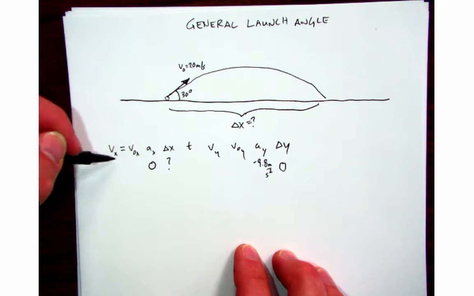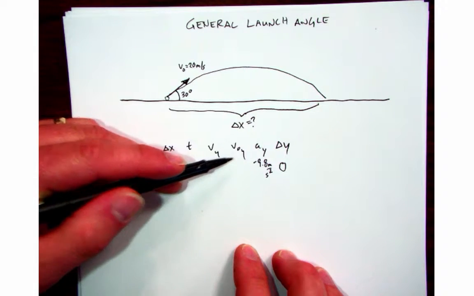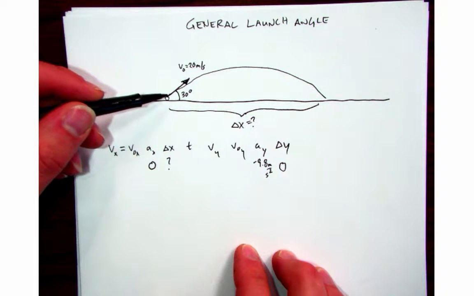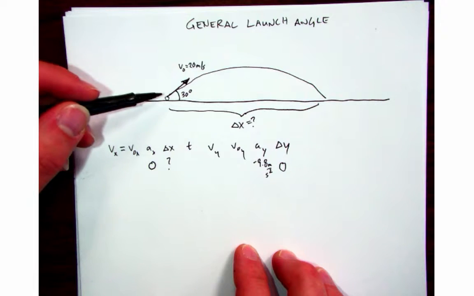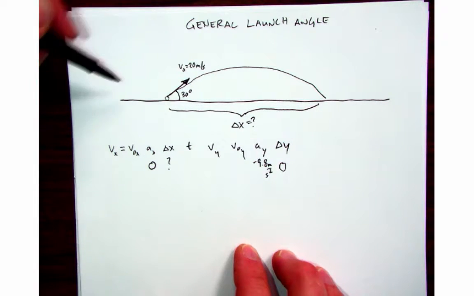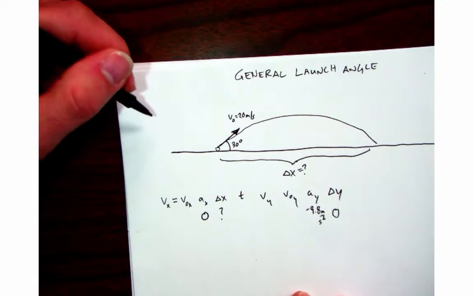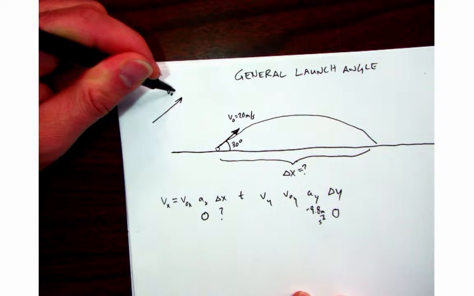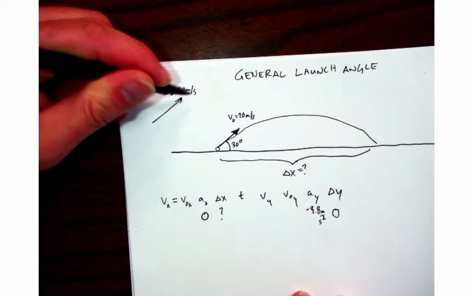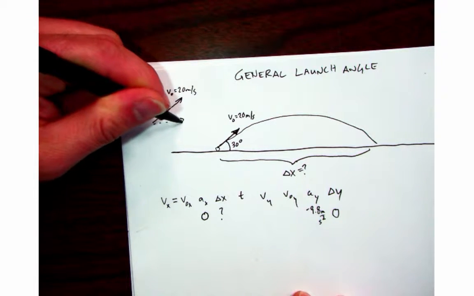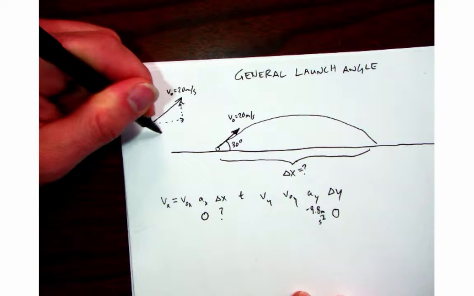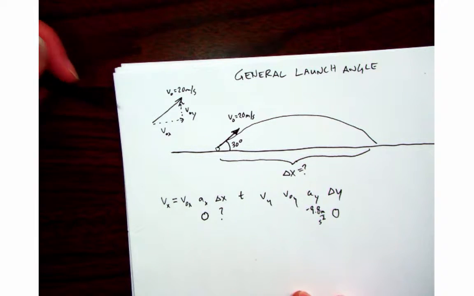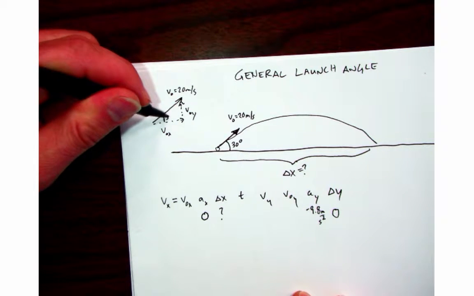Now I need to find v naught x, and I need to know what v naught y is as well. I look at my initial velocity, and that is the hypotenuse of a triangle, so I'm going to pull that out right here. Here's v naught equal to 20, and there's an x component and a y component to that initial velocity. The angle again is 30 degrees.